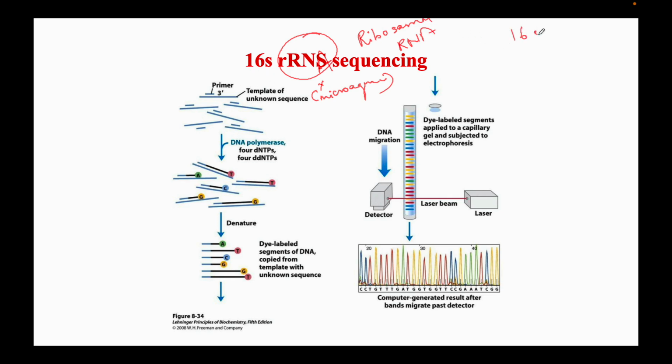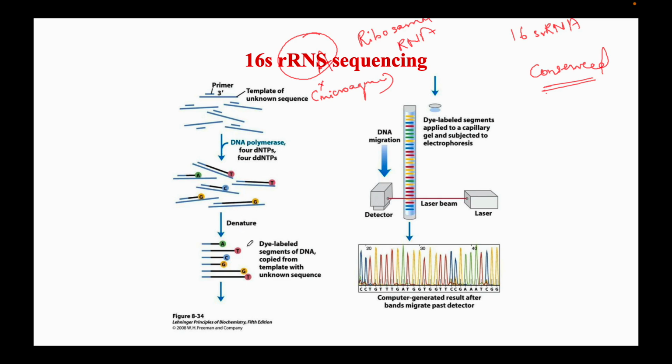Why 16S rRNA? Because this ribosomal RNA is very much conserved among many species of microorganisms. So we'll use that specific primer. It will polymerize DNA after adding NTPs.